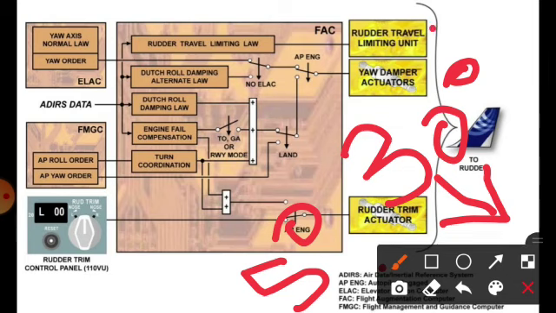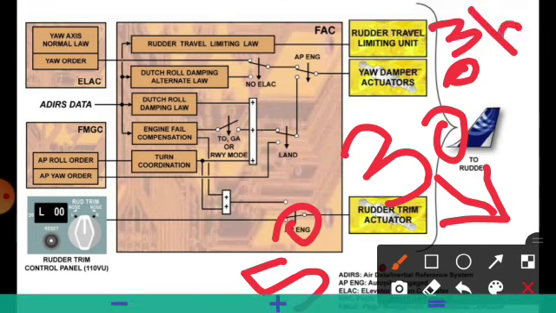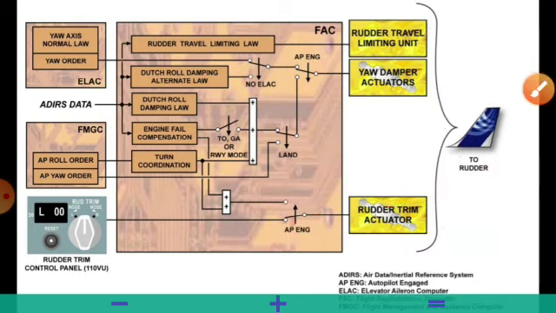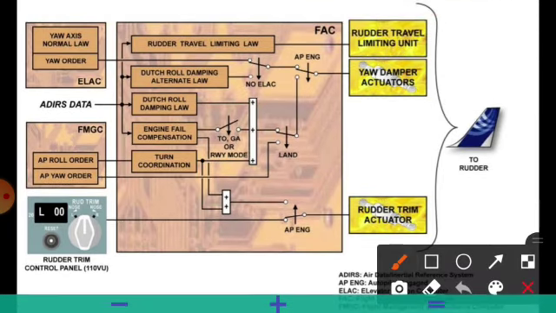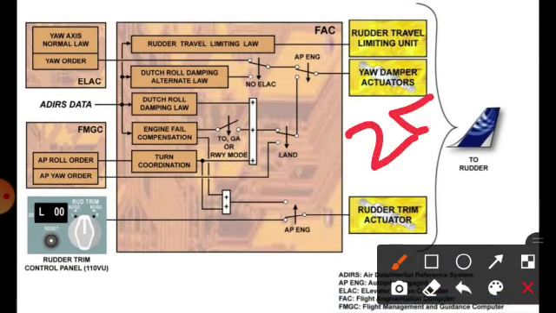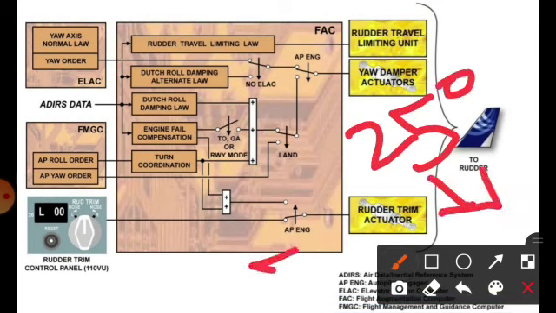In the 319 case, it will come down from 30 degree to 5 degree, and in the 320 case it will come down from 25 degree to 5 degree.